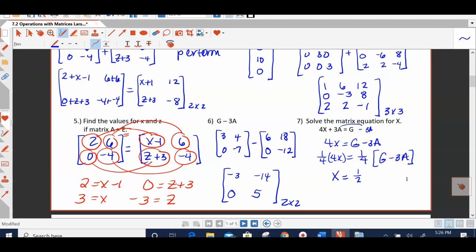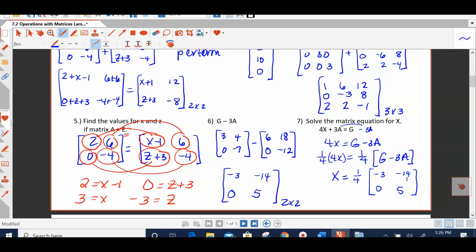Well, lucky for us, we found G minus 3A just a second ago, right here. So it's going to be 1/4 times this matrix, negative 3, negative 14, 0, and 5.